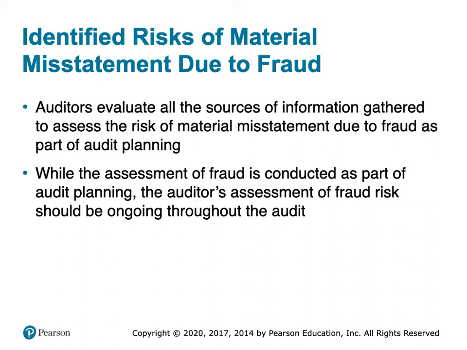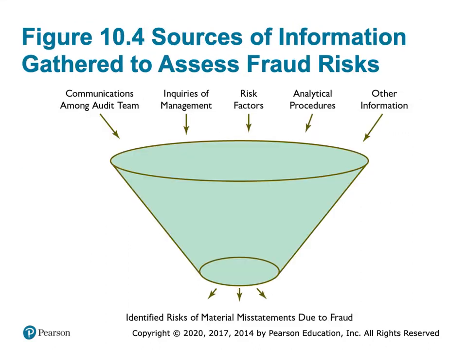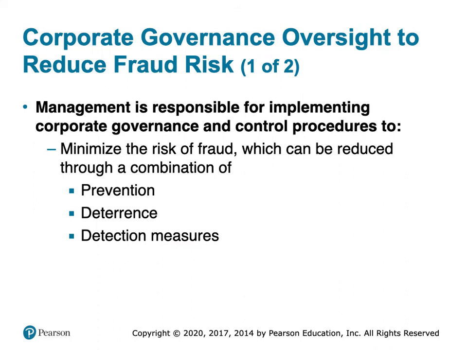If you start to see pressure, if you start to see a series of individual events that ultimately add up to bigger events or a change in tone with the client, then you have to be concerned that there may be fraud. So you look at a bunch of different information as illustrated here, but really corporate governance oversight is the key to reducing fraud.